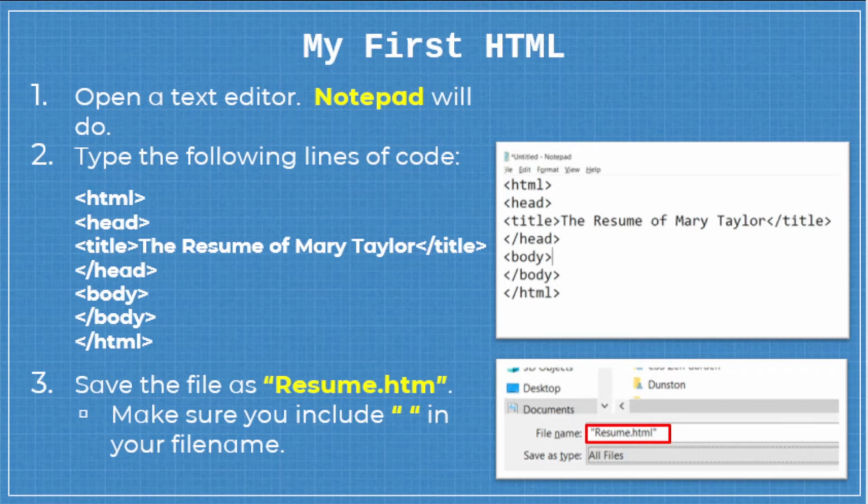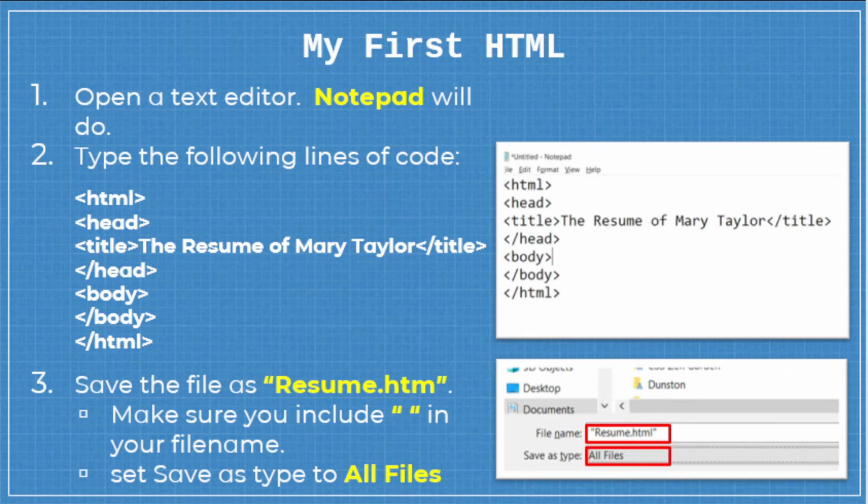So double quote, resume.html, double quote. Then after that, set the save as type. The second red box that you see there, set it to all files.